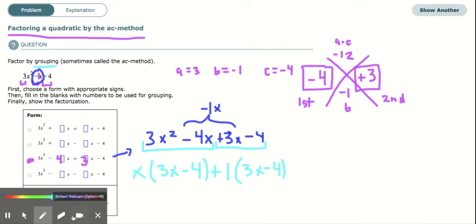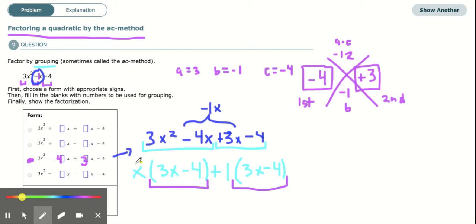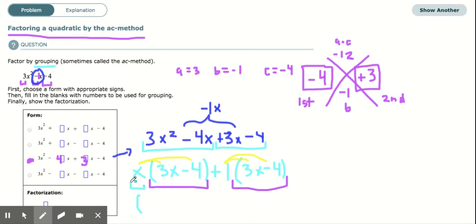Now, I can actually rewrite this by just writing what's in parentheses here once. Because when I distribute x to this, and I distribute 1 to this, it would actually be the same thing as just writing it all out together. So what I do is in my first parentheses, I write out the coefficients, x plus 1.